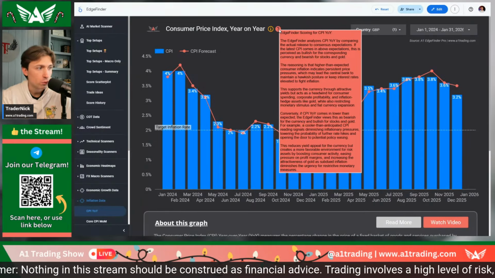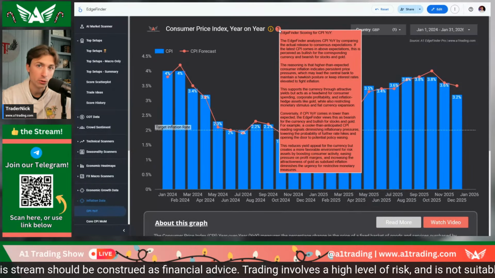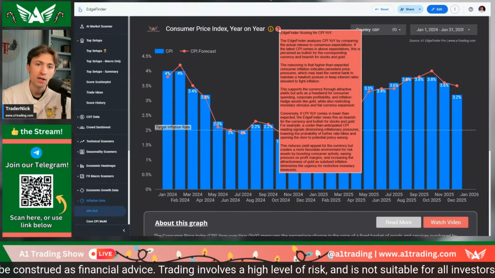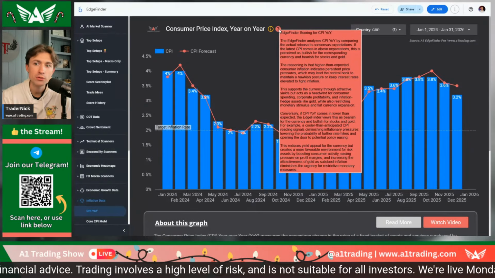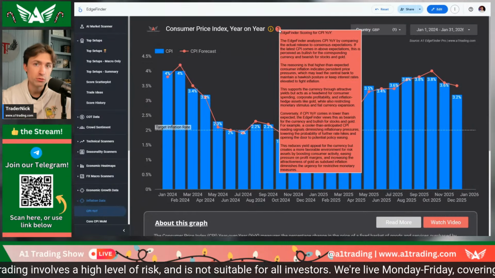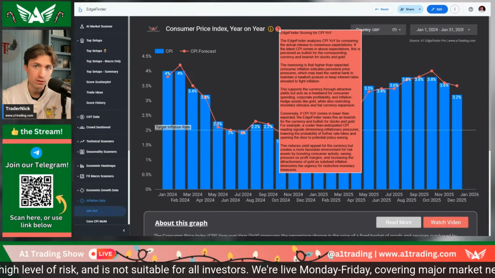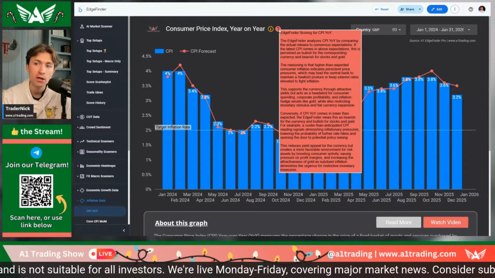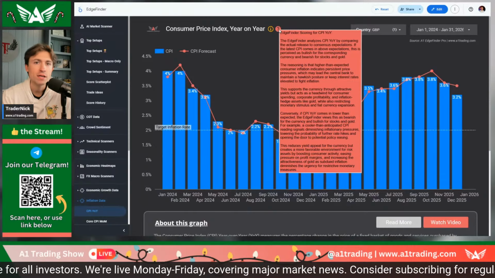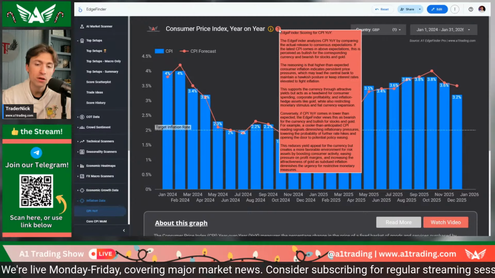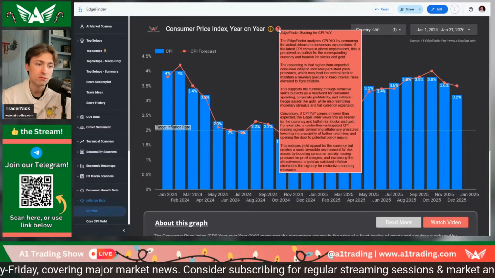So my goal would be that if you're somebody who's looking to learn fundamentals, the EdgeFinder doubles as a tool for you to scan and monitor economic data easier than ever, but also for you to actually learn how to use fundamental analysis through the use of the EdgeFinder.